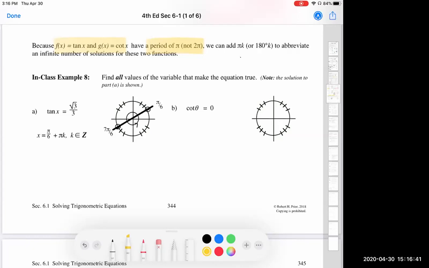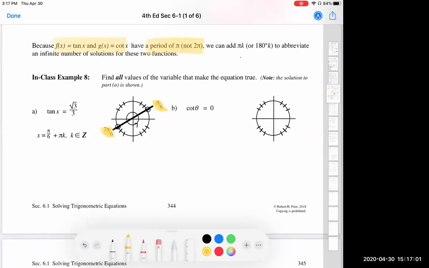So let's do in class example 8. Find all the values of the variable that make the equation true. So when is tangent radical 3 over 3? All right, so we see that tangent is radical 3 over 3 at pi over 6 and 7 pi over 6.